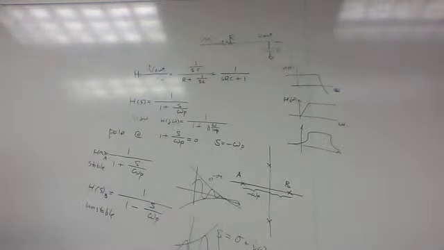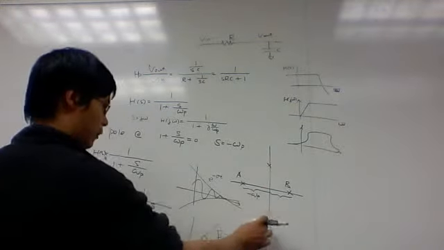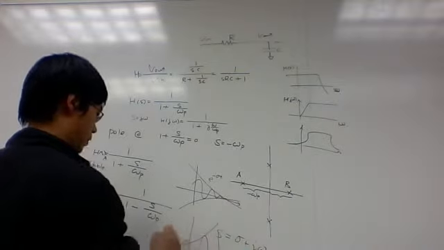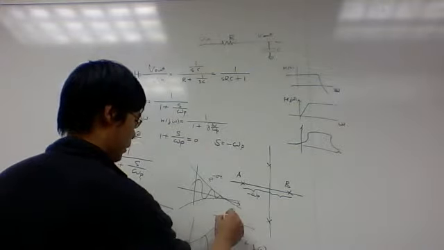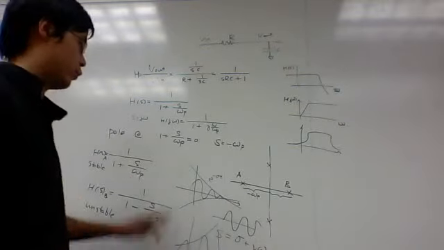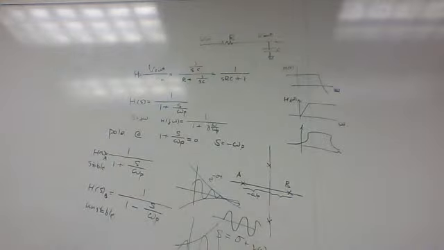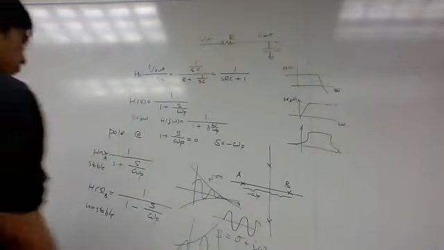That's also unstable, right? It's oscillating. If the real part is 0, then you get a constant sinusoidal. This is larger and larger sinusoidal, and this is smaller and smaller sinusoidal. Okay, this recaps what you have learned before, right?